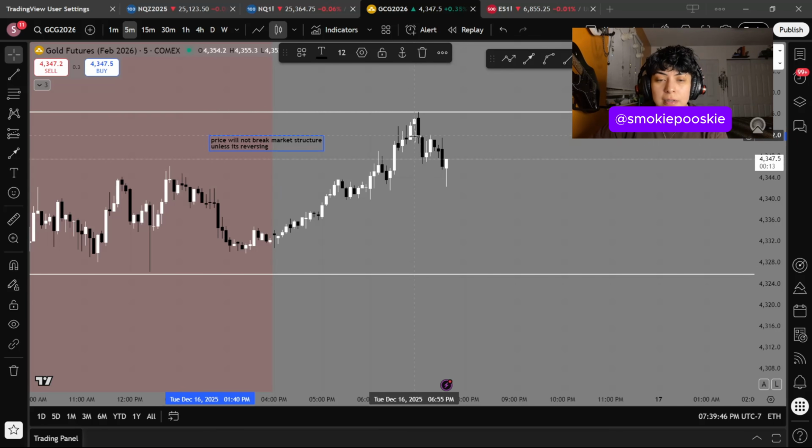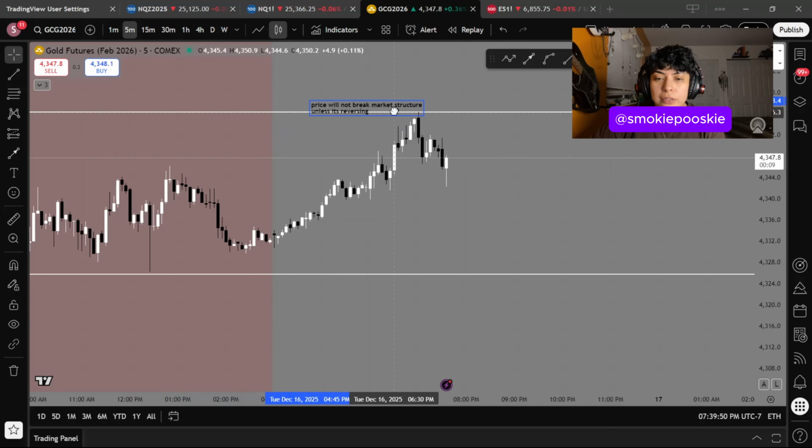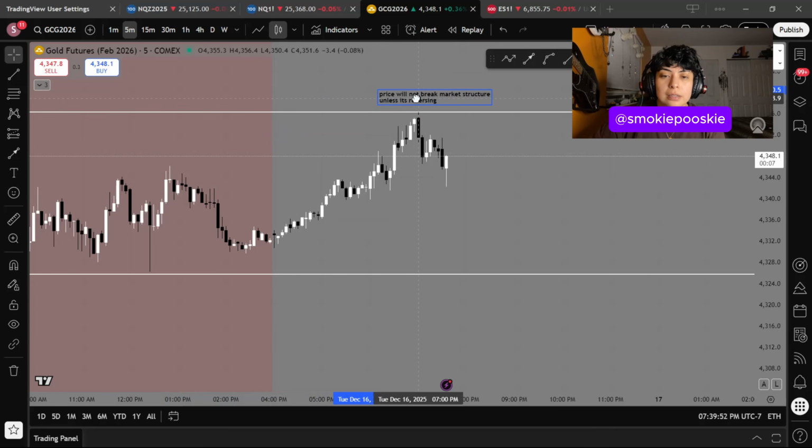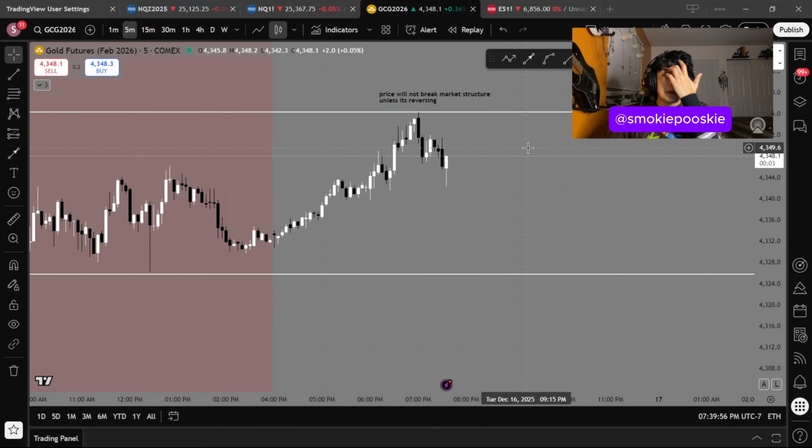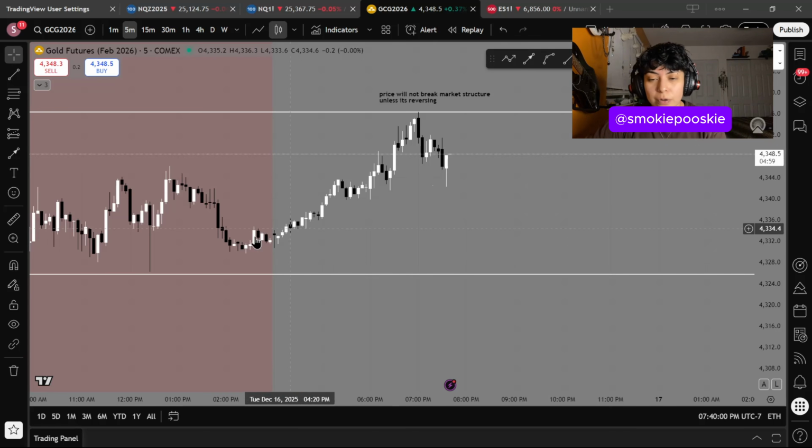And then price started to break market structure. Why would it do that? Price wouldn't do that unless it's reversing. So now we know that we can look for the opposite of what the trend is.